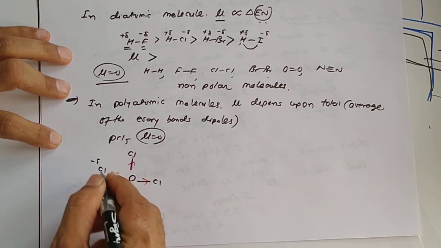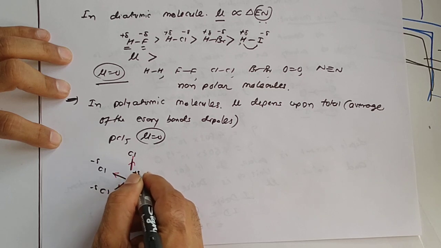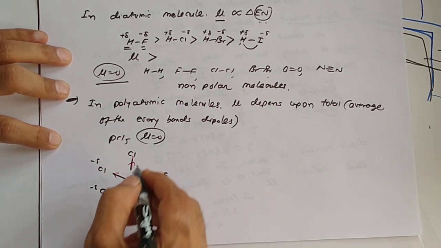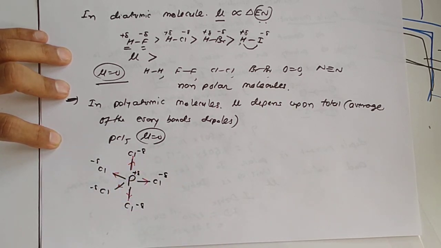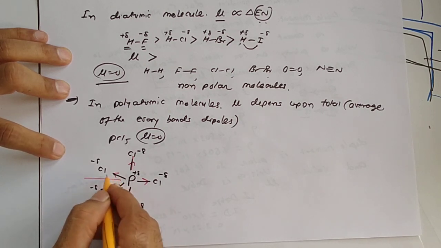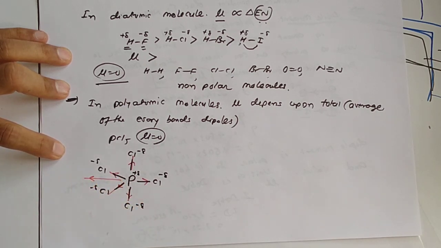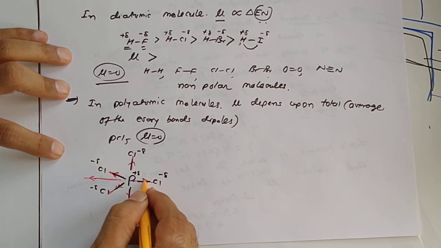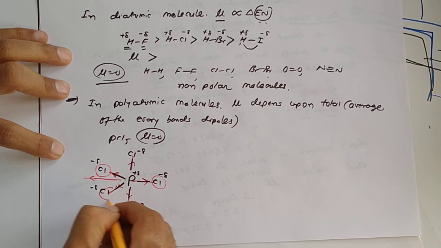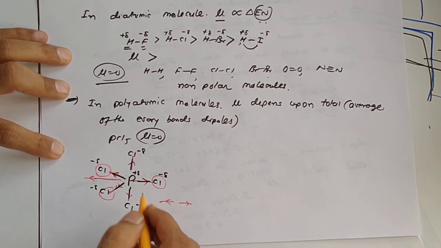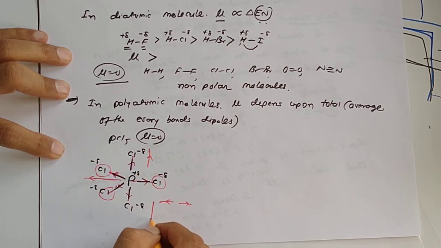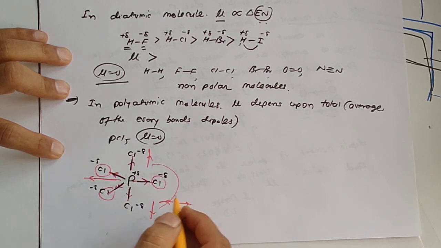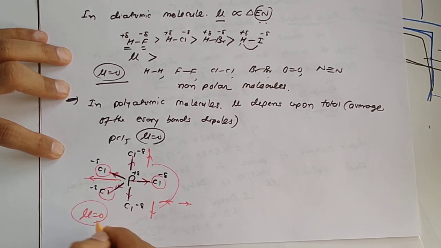So the average of these two vectors is opposite to this one, so it will be cut. Now the total of upward and downward vector will be 0. So our molecule is symmetrical and dipole moment is 0.